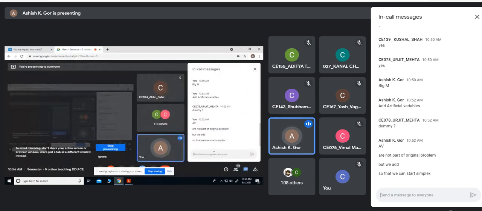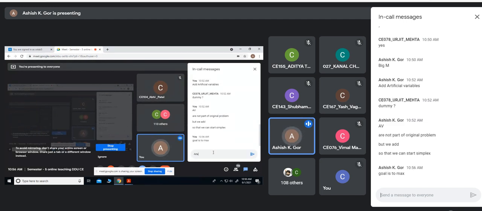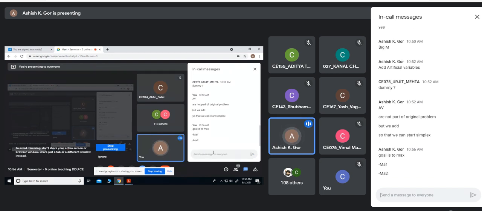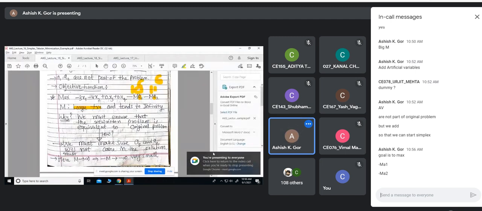Our goal is to maximize. Remember, the goal is to maximize, and it turns out there is minus M A1 in the objective function, minus M A2, and M is a very large number. If the goal is maximization, I should not pay much attention to A1 and A2, because if I increase A1 and A2, this quantity will decrease.